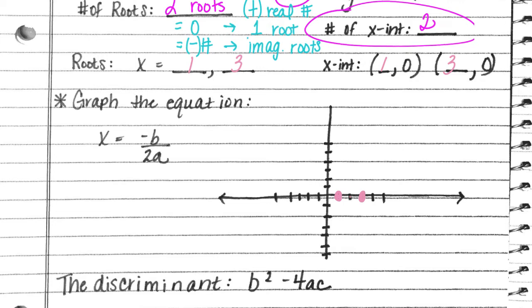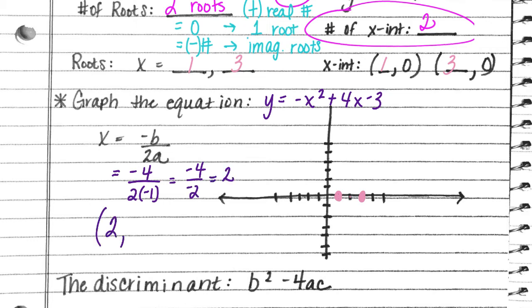And remember that we can find the x. I'm going to go ahead and write that equation up here again because I can't see it. So y is equal to negative x squared plus 4x minus 3. So we know x is equal to the opposite of b all over 2 times a. So I know this is negative 4 over negative 2, which is a positive 2. But to find the y point, I have to plug it in. So negative 2 quantity squared plus 4 times 2 minus 3.